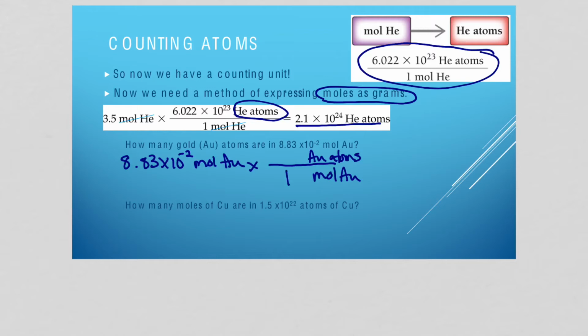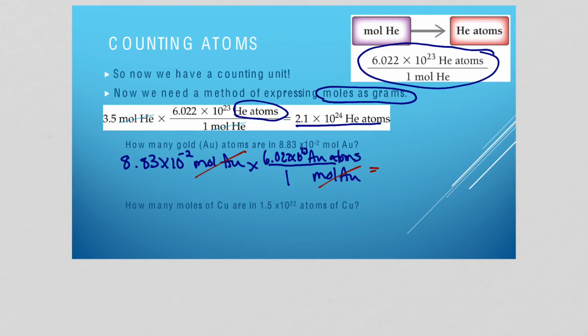So we have 1 mole, 6.022 times 10 to the 23rd individual atoms. Our moles cancel out, so we're left with units of gold atoms.